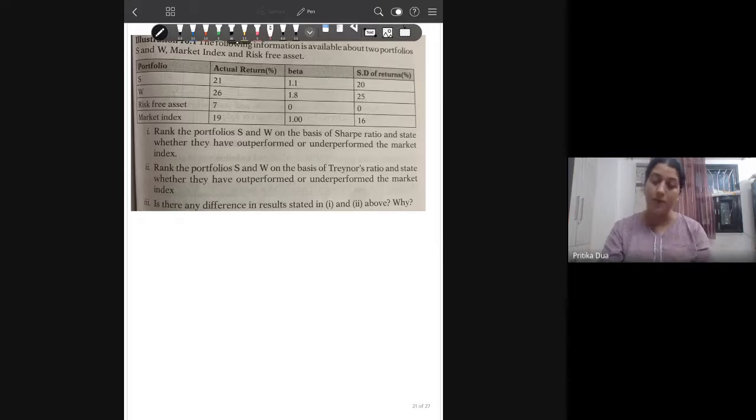Now, the first part of the question is asking you to calculate the Sharpe ratio for both the portfolios S and W, and then to evaluate whether they have outperformed the market or underperformed the market. So let's start with this part.